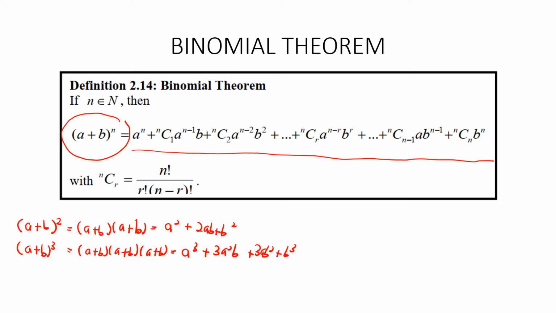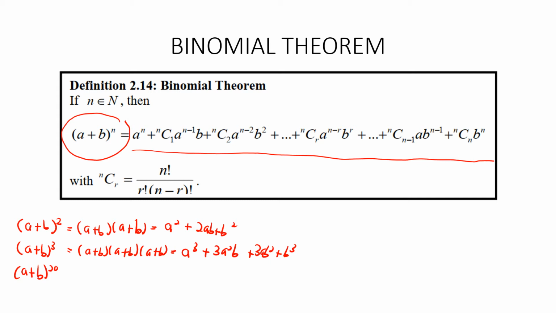How about (a plus b) power of 20? Can you find (a plus b) power of 20 using this method? Maybe it would take you one whole day to find it by multiplying (a plus b) 20 times.